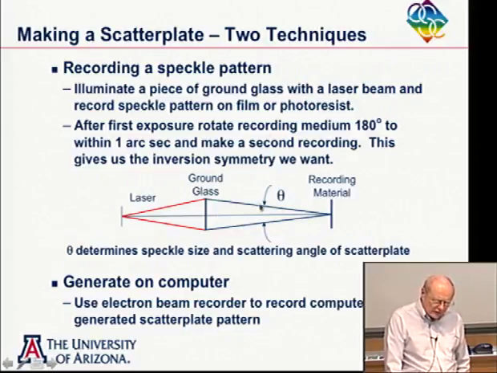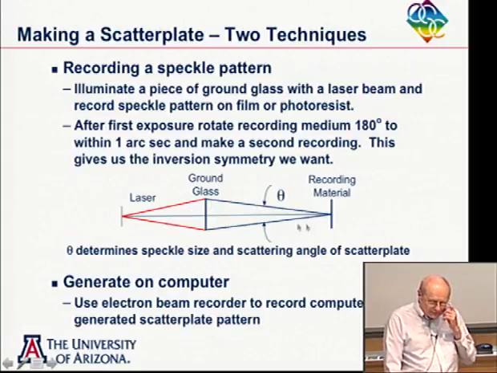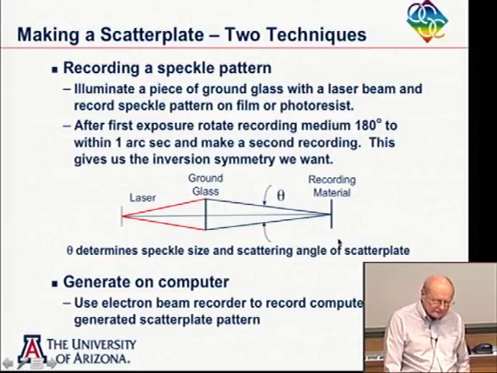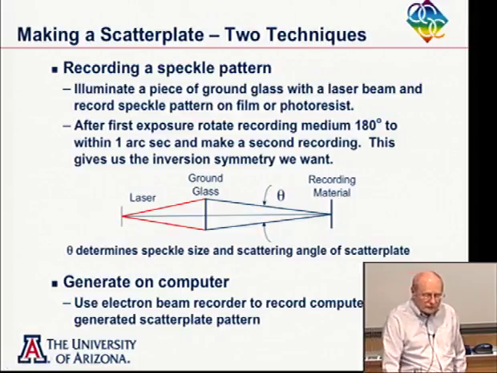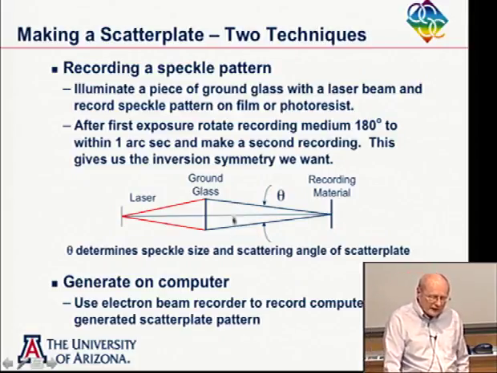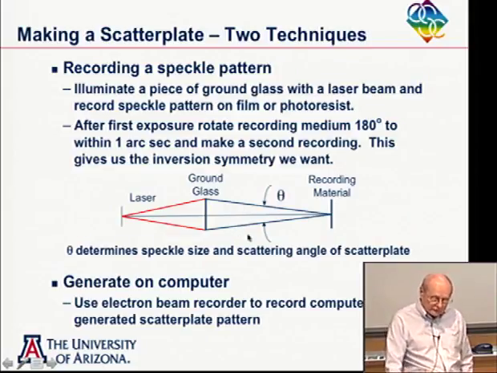Now, how big should the ground glass be when I'm illuminating it? Let me think here for a second. I'm illuminating this ground glass, and I'm getting some speckles over here. The size of these speckles is determined by the wavelength, but also by the maximum angle you can have between the 2 interfering beams, just like interference fringes.